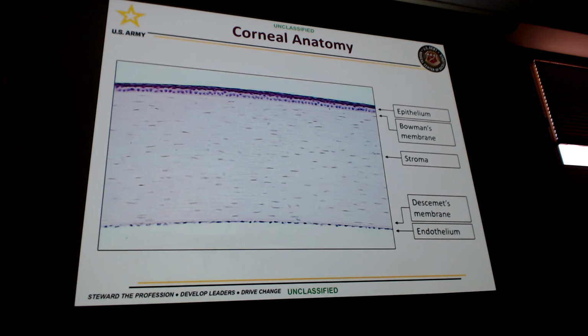If it's more hydrated, it's going to swell and become not clear. And if it's less hydrated, it's also going to become not clear. So the endothelium is a really important layer, and it just is essentially a pump. It pumps liquid in and pumps liquid out to keep the cornea at a certain level of hydration.